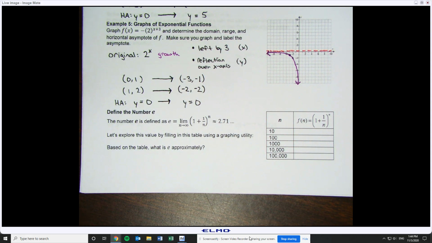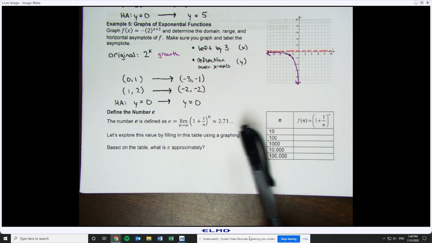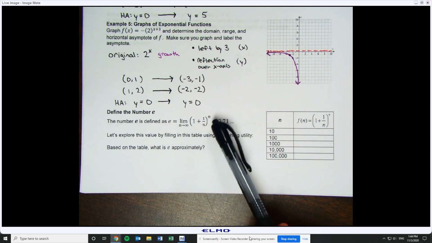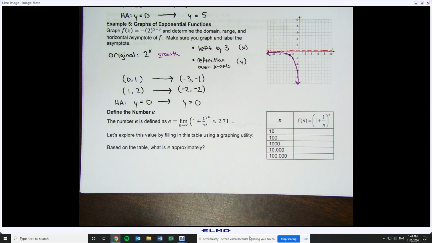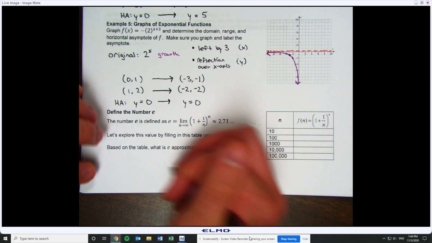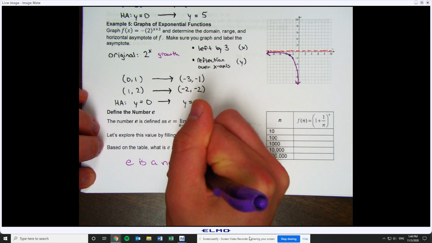One special one is e. This is Euler's number, and that one is approximately 2.71, blah, blah, blah. And the way we get this is using exponentials. Now, we're not going to go through the detailed explanation of this, but just know that the exponential is what gives rise to this number. What you need to know is e is a number for us now.